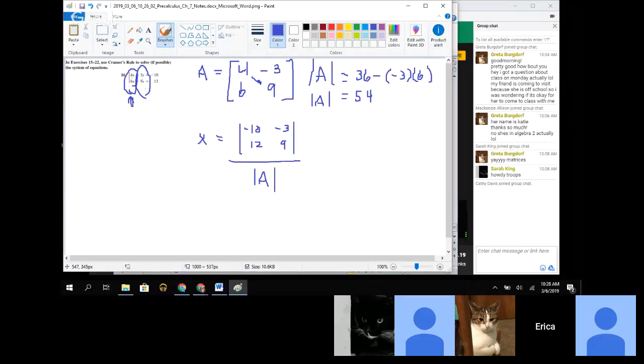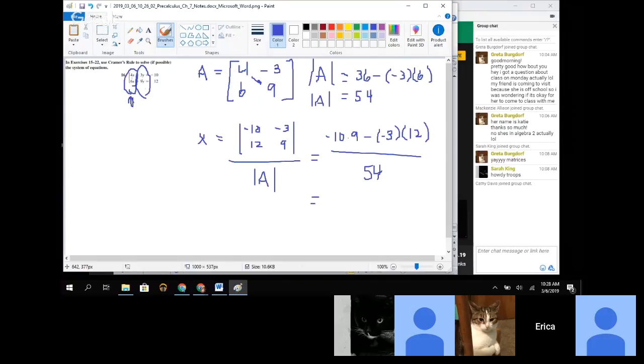So you have to find the determinant of this new matrix and divide it by the determinant of A. The determinant of the top matrix is going to be -10 times 9 minus -3 times 12. And then we're going to divide that by the determinant of your original matrix A, which is 54.